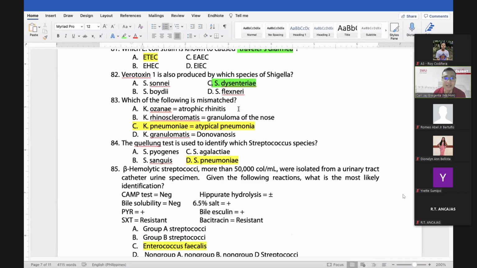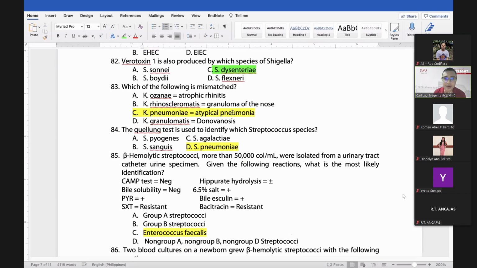This is correct. Klebsiella rhinoscleromatis causes granuloma on the nose, from the word rhino. That's correct. Klebsiella granulomatis can cause donovanosis. Klebsiella pneumoniae will not cause atypical pneumonia. Instead, it will cause typical pneumonia. Atypical pneumonia is associated with Mycoplasma pneumoniae.